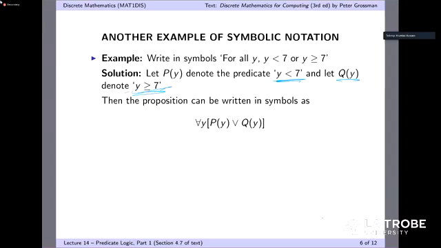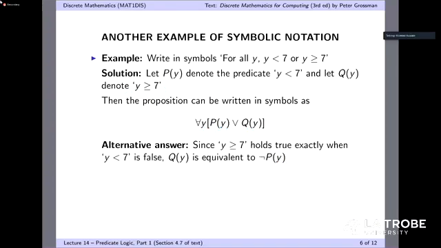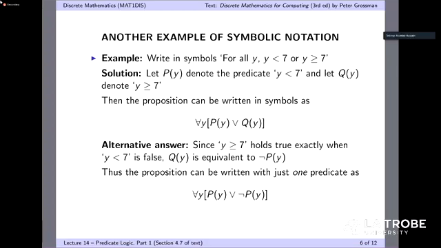Then you have for all y, y less than 7 or y greater than or equal to 7. That's one way of writing. Second, exactly the same way as we started: for all y, either you have P(y) or you have not P(y), meaning y less than 7 or y not less than 7. So this is another way of writing, whatever you are comfortable with.